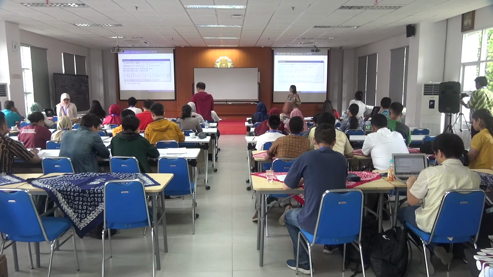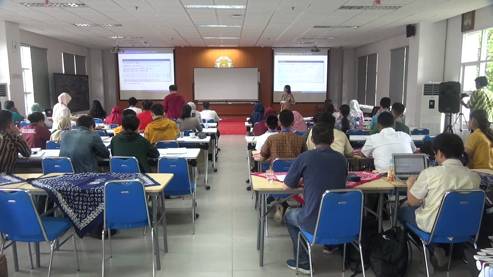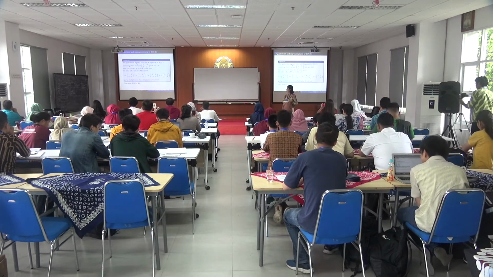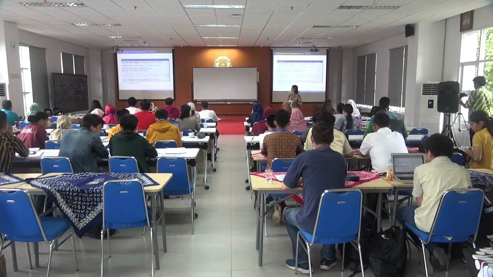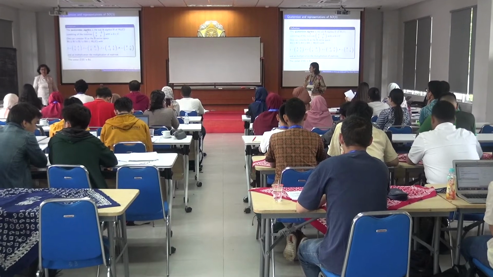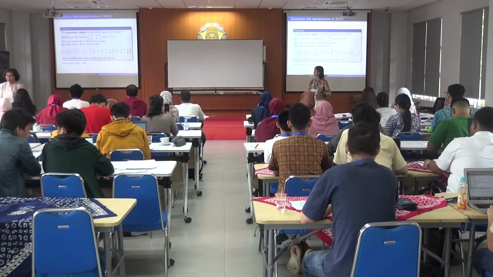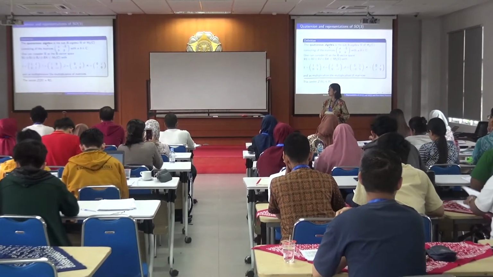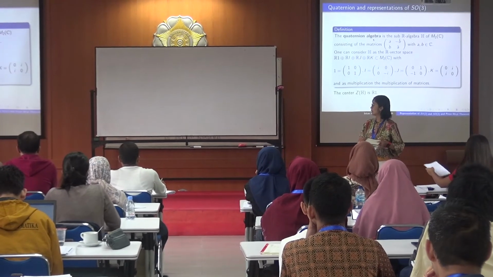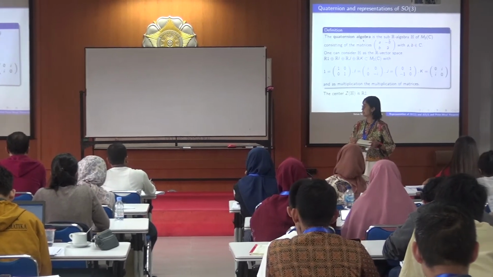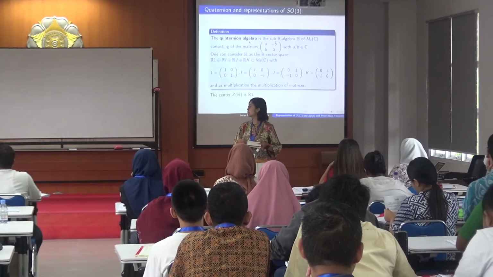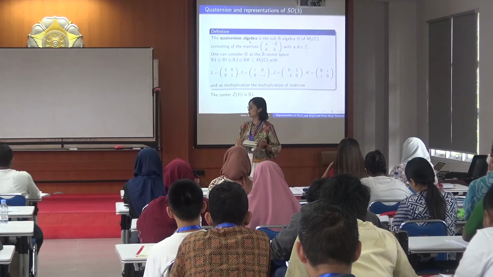The quaternion algebra H consists of matrices of this form: A, minus B conjugate, B, A conjugate, with A and B in C. We can consider H as an R vector space, R1 plus Ri plus Rj plus Rk in M2(C), where 1 is the identity matrix, and I, J, K we already saw yesterday in the Lie algebra SU2.